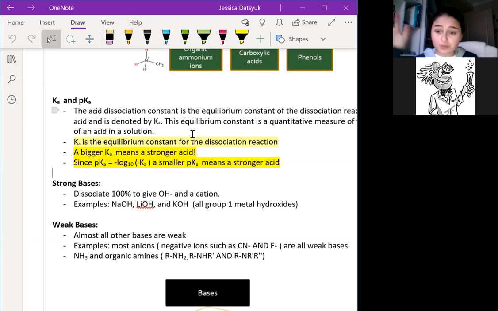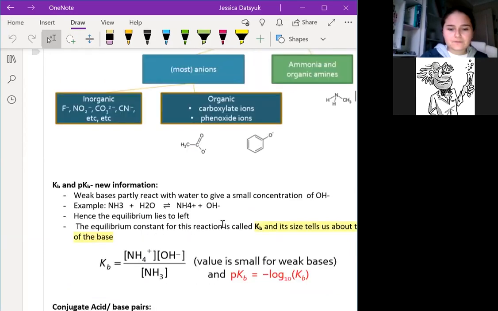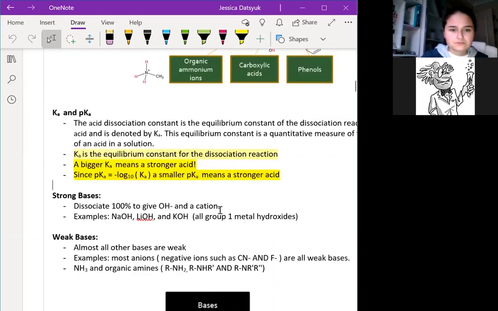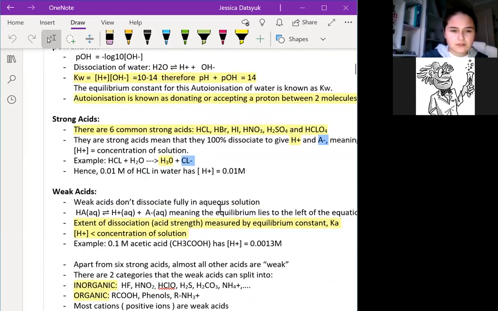Pretty much, you're correct. With Ksp we were working out the precipitation or the solubility, right? And in this situation, we're going to be working out the pH or pOH value of a substance, and we're going to be seeing how much it's dissociated. Okay. So similar to how much is dissolved. Yeah.